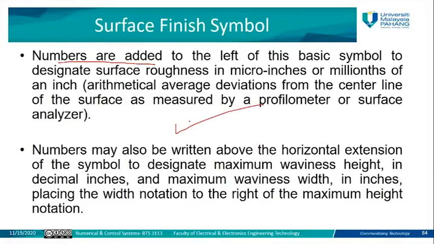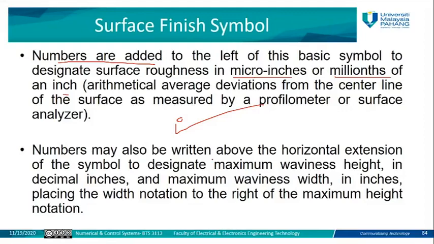They add some number on this part, and this number will define the roughness or the smoothness of the surface. This value will be either in micro inch, in millimeter, or also in inch, depending on the measurement used for the product and how big our object is.